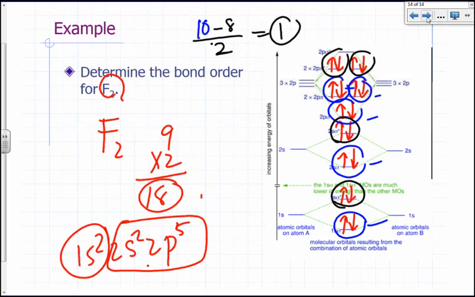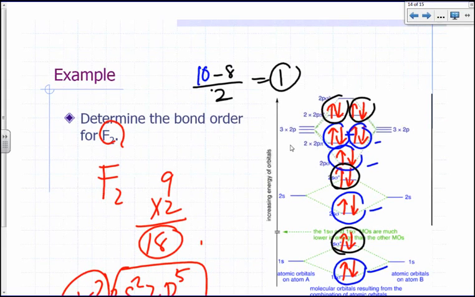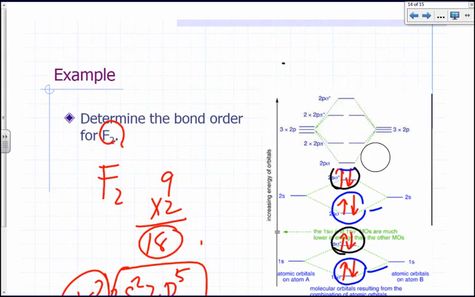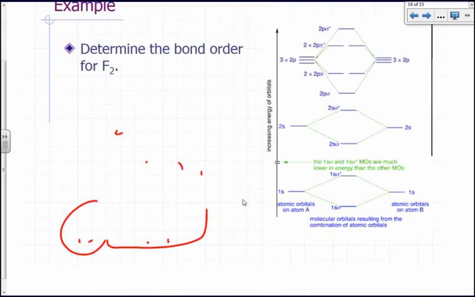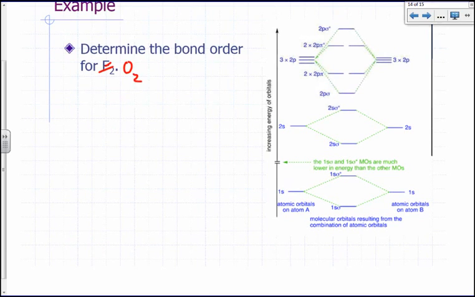Let's do the same thing for oxygen. What will be the bond order for oxygen?